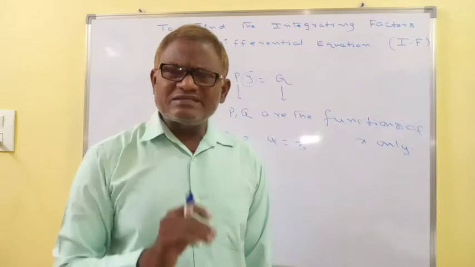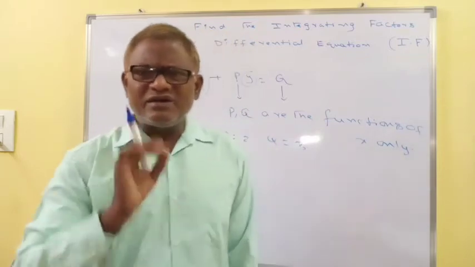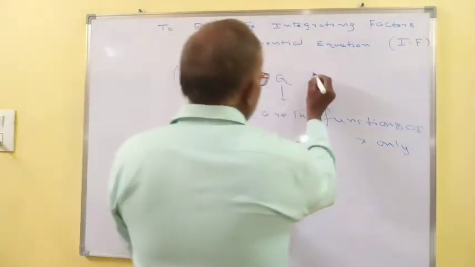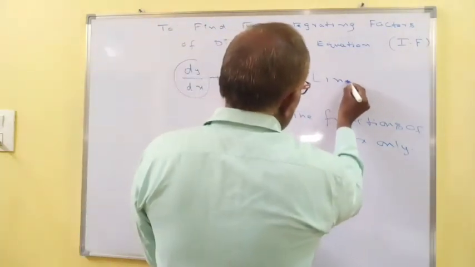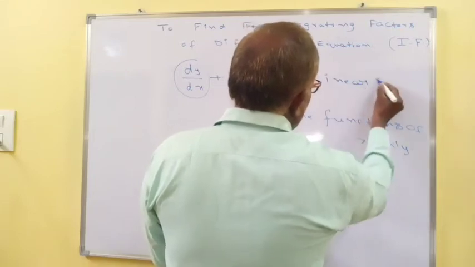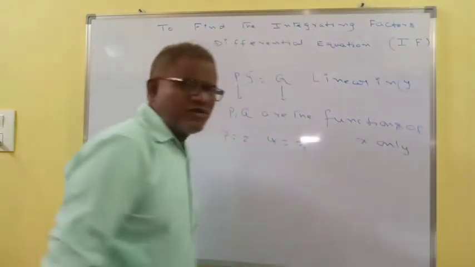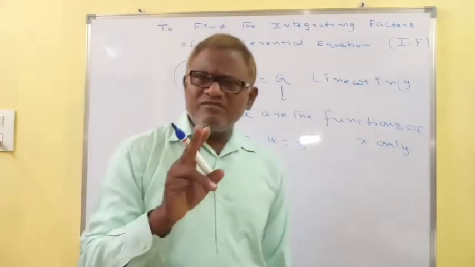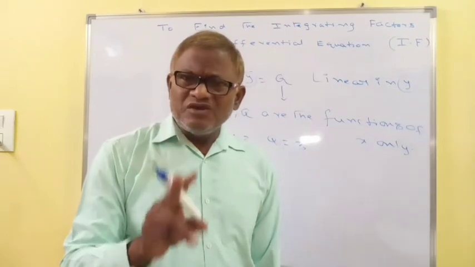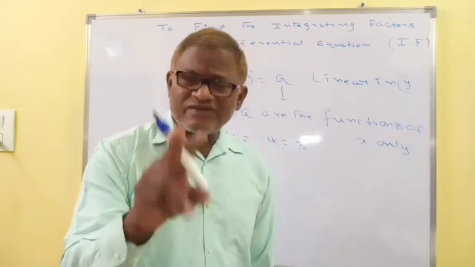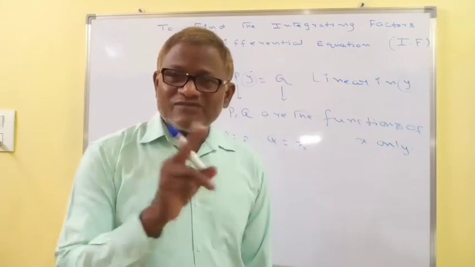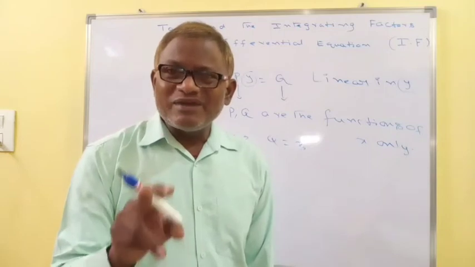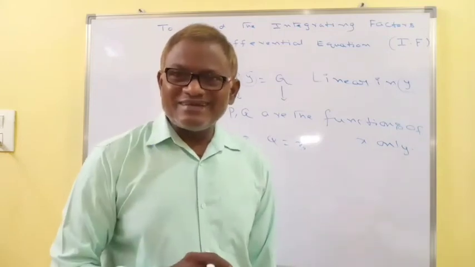How can you recognize that the given DE is linear in y? Linear in y means simply the equation must be of the form dy by dx plus py is equal to q, where p and q are functions of x, and the differential coefficient, that means dy by dx, and y may not multiply together.